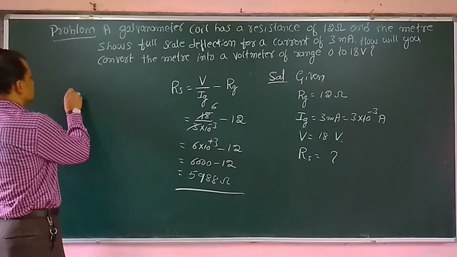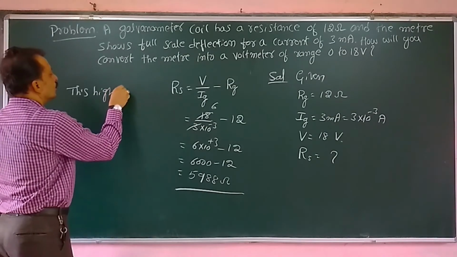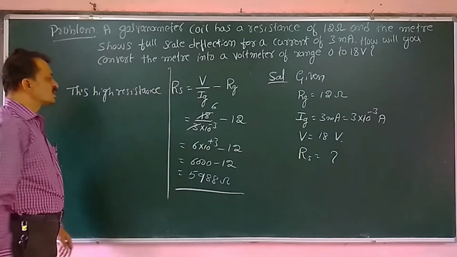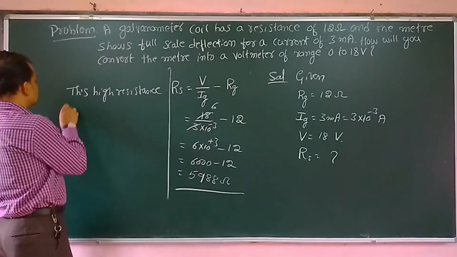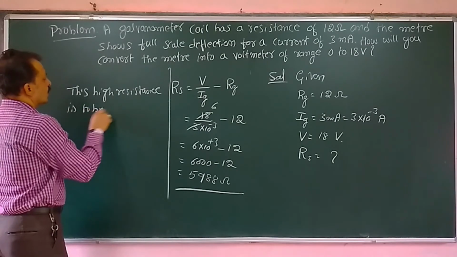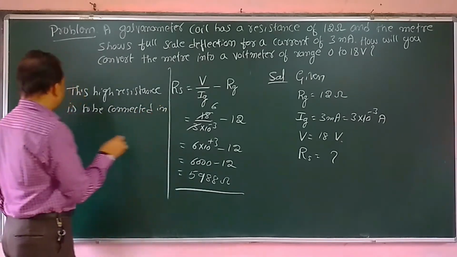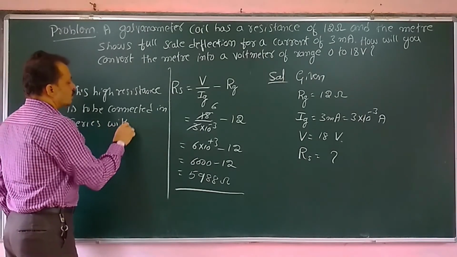Now this high resistance, you have to write it in words because they have asked how will you convert, okay? This high resistance is to be connected in series with what?